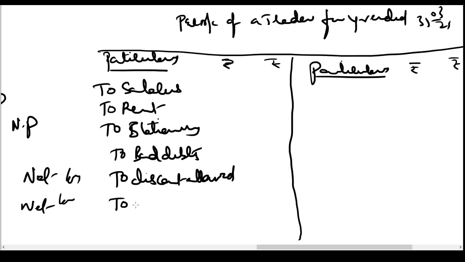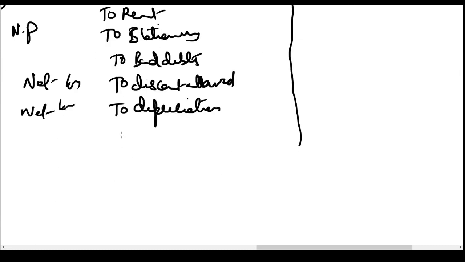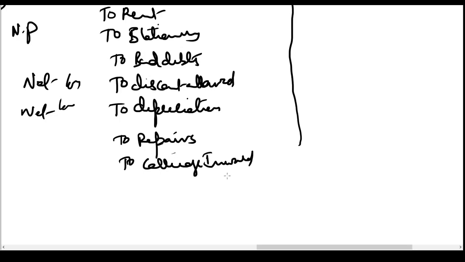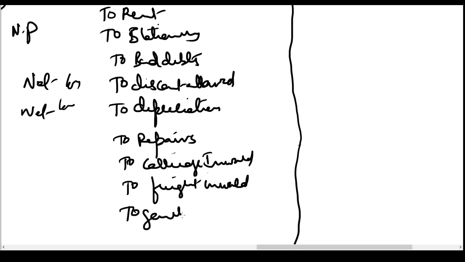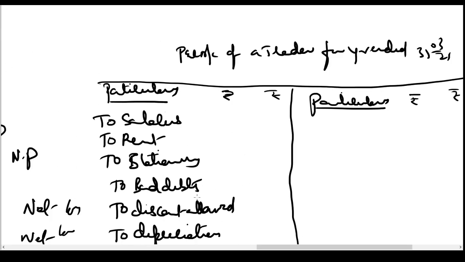To depreciation, to repairs, to carriage inward, to freight inward, to general expenses. So like this, we debit all the expenses to the P&L account.